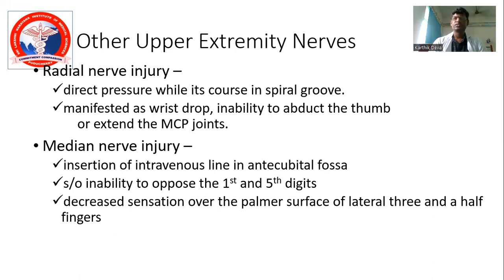Median nerve injury is mostly due to insertion of an intravenous line in the antecubital fossa. Signs include inability to oppose the first and fifth digits, and decreased sensation over the palmar surface of the lateral 3 and 1/2 fingers.